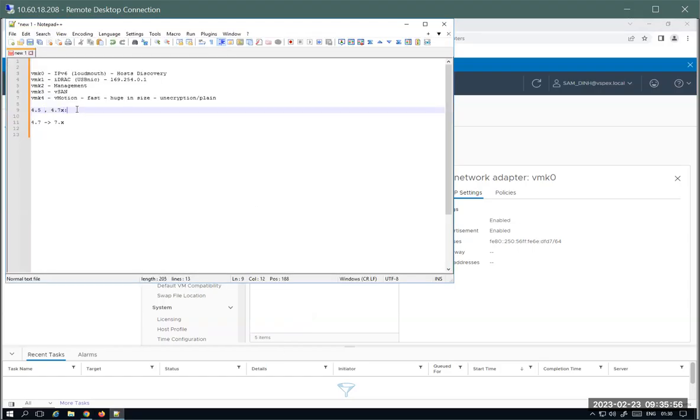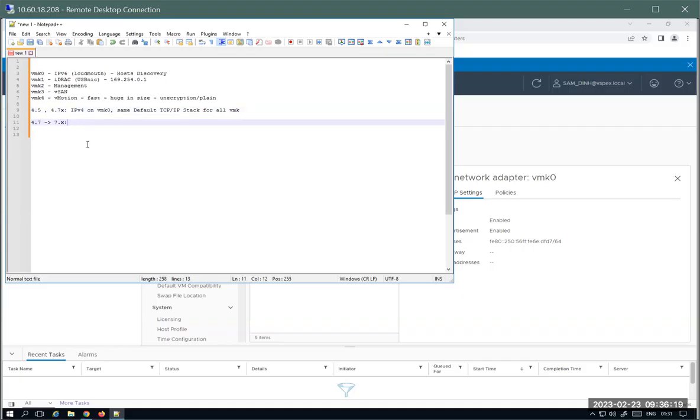So we have two things. First, IPv4 on VMK0, and the TCP/IP stack for VMK2.